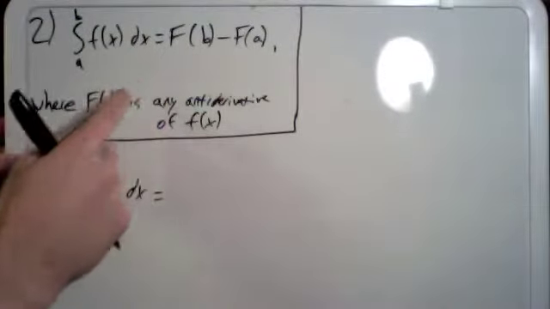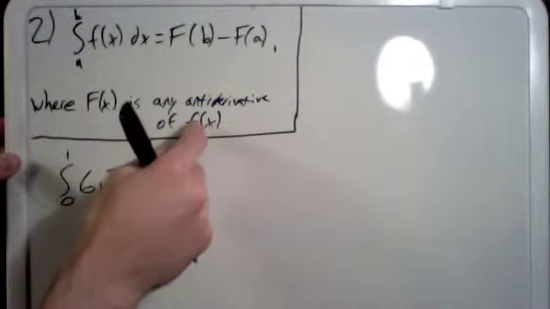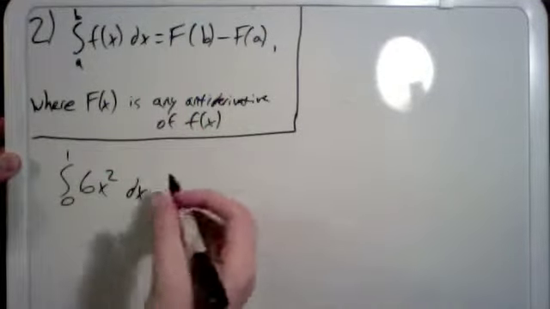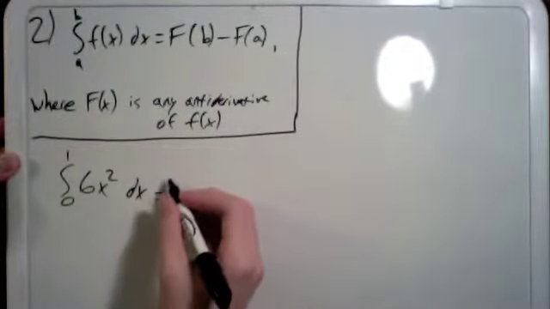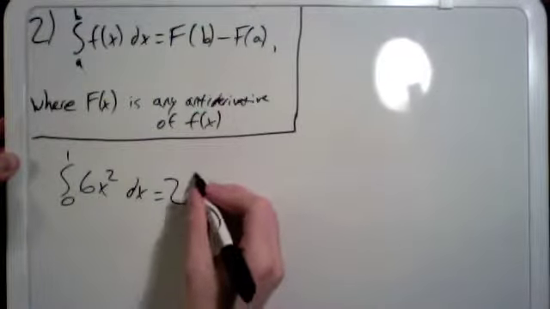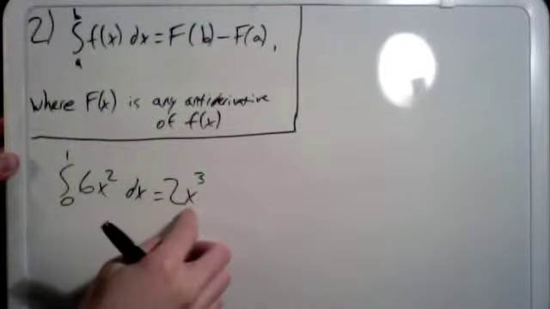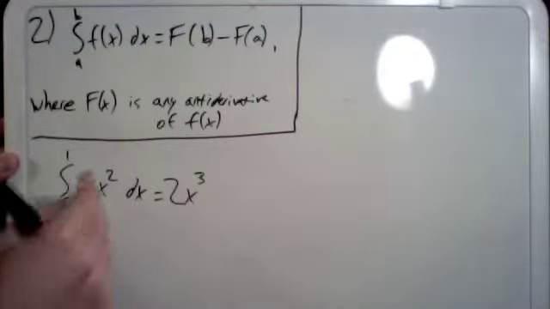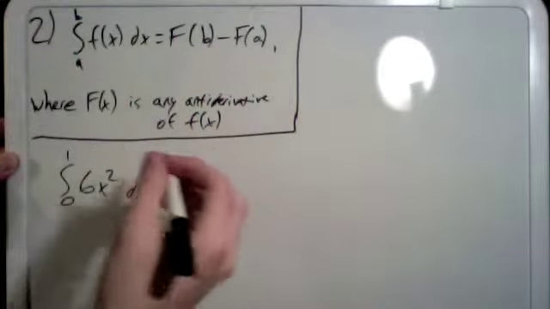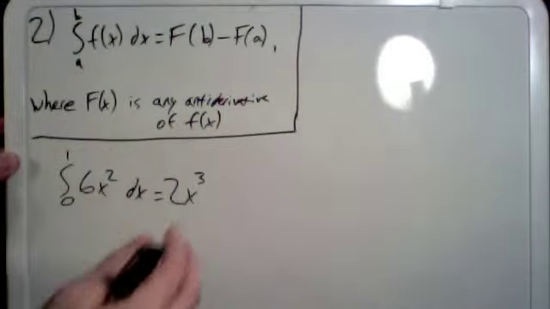So to find uppercase F of x, we need to find the antiderivative of f of x, which in this case is 2x cubed. And we know that's the antiderivative because if we take the derivative of this, we get 6x squared. And we'll go into how to do that quickly in just a minute.